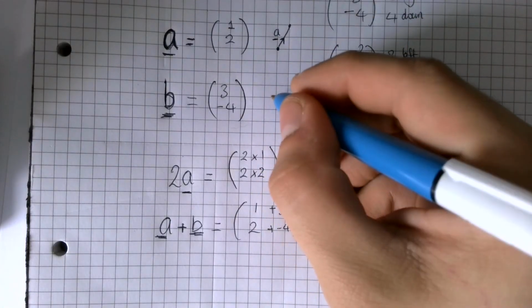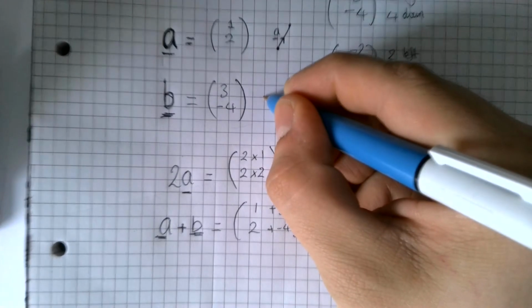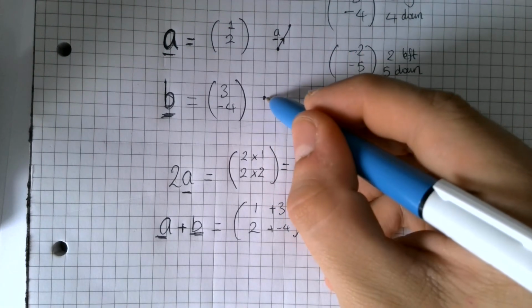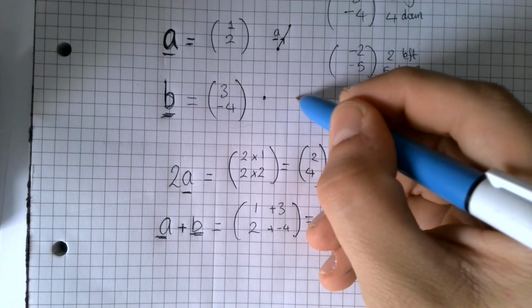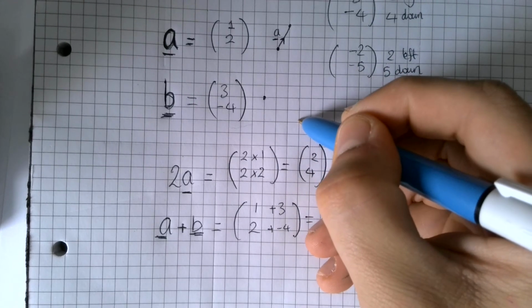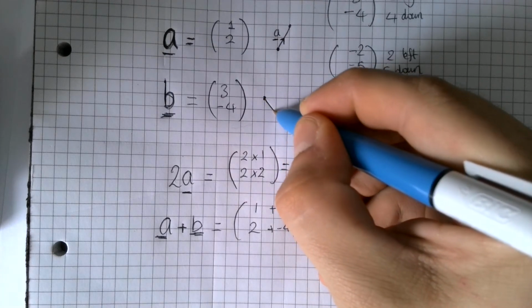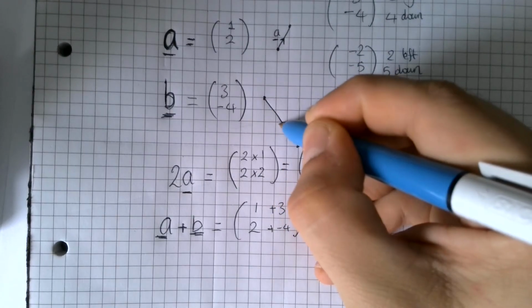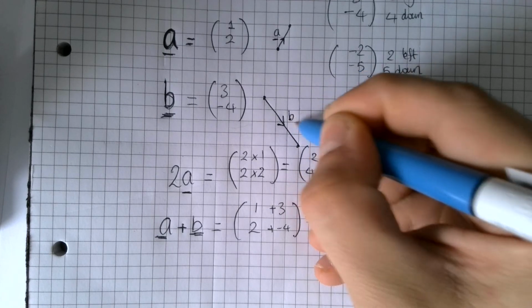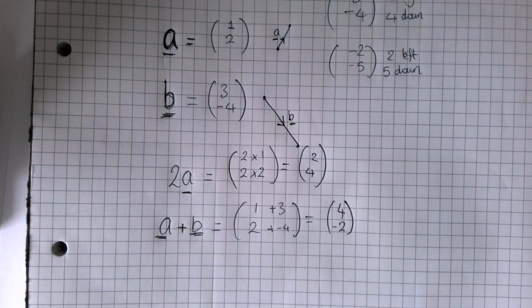I'm going to do a visual representation of this vector as well. So let's say that is my starting point. I'm moving 1, 2, 3 squares right and 1, 2, 3, 4 squares down. I'm just going to join those up and label it.